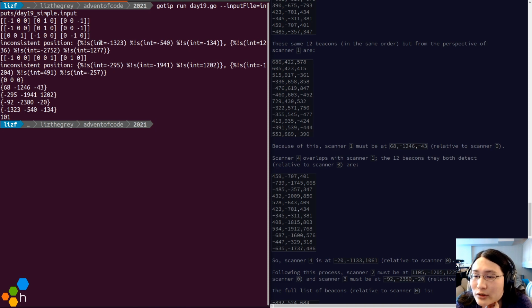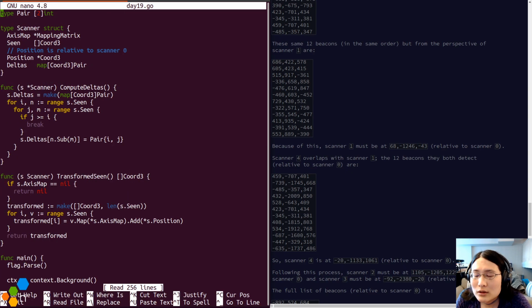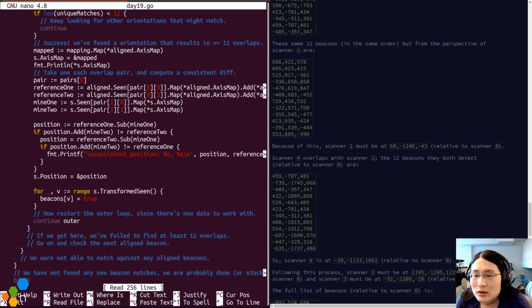Okay, now I get two sets of inconsistent positions, which is interesting. That's fascinating.